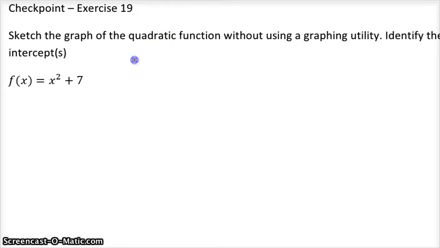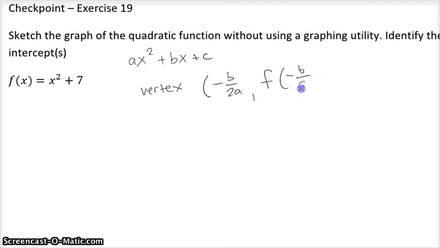Now if you have a quadratic that is in this form, what you need to know is that the vertex is going to be at the point negative b over 2a, and then I'm going to put in that coordinate for x to find y.